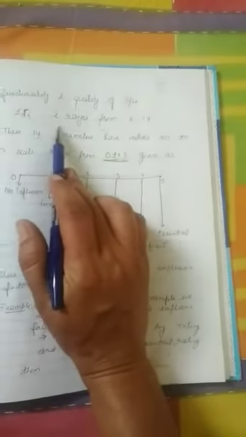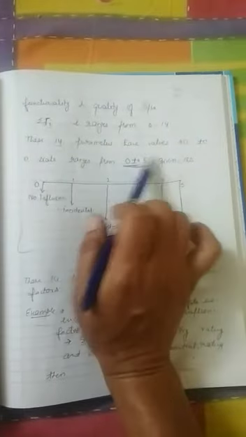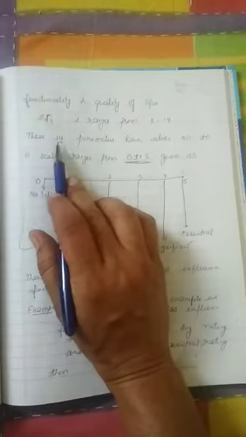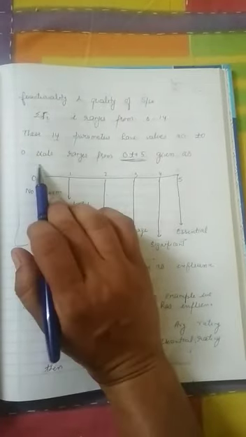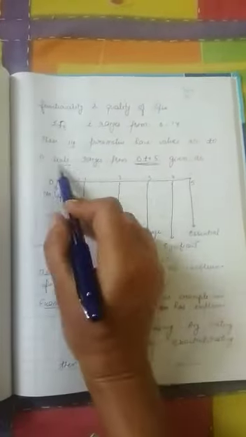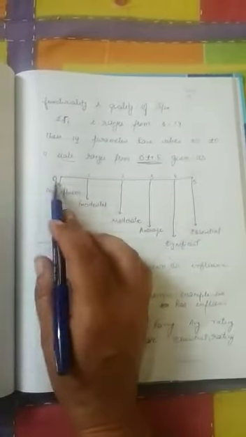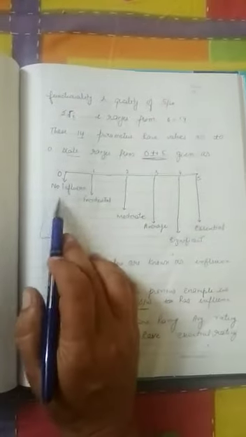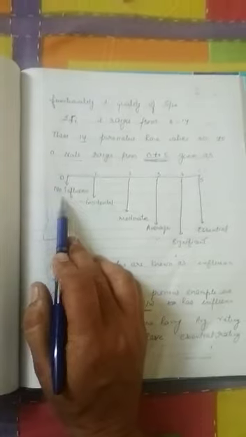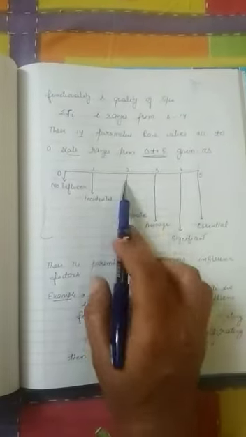Now the 14 parameters have values, and this value is given in terms of a scale, and that scale ranges from 0 to 5, like this, 0 to 5. Now if any factor has no influence, then its scaling value is 0. If it is moderate, then 2. If it is essential, then 5. Like this it is categorized.